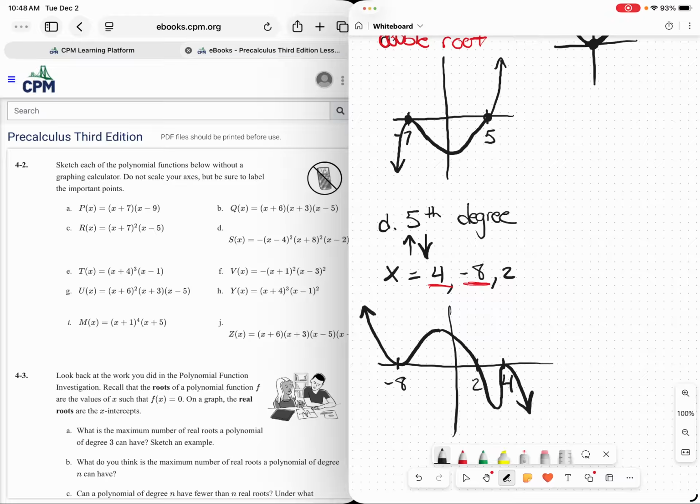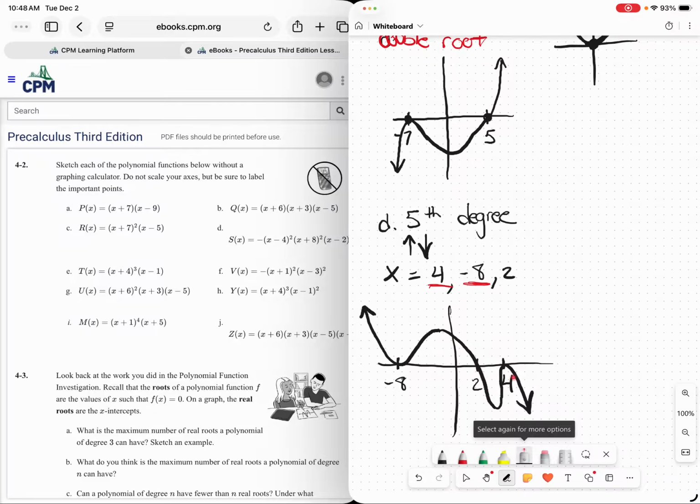The other cool thing about the fundamental theorem of algebra is your degree tells you how many solutions there are. Now, they could be imaginary solutions, and we'll talk about that later. But also, if you look at this degree and subtract 1, so 4, you have 4 curves. 1, 2, 3, 4 curves.